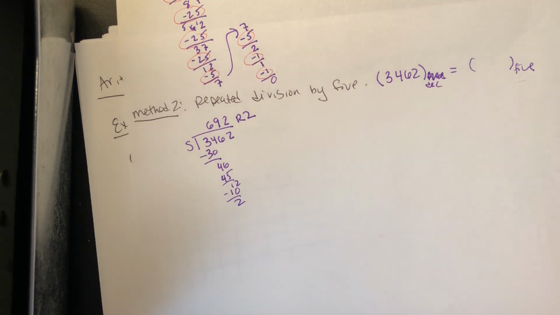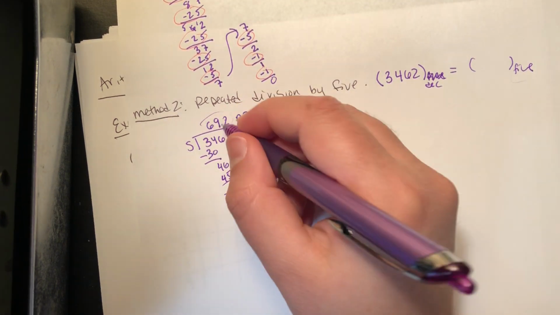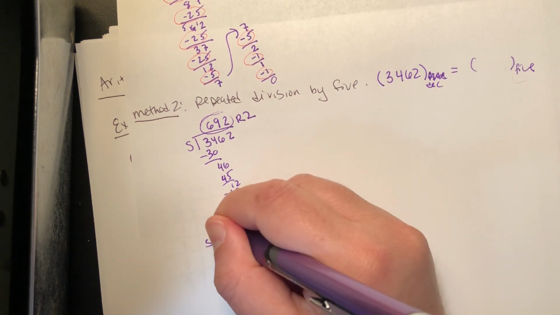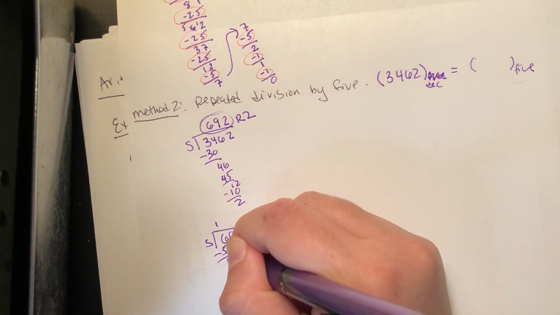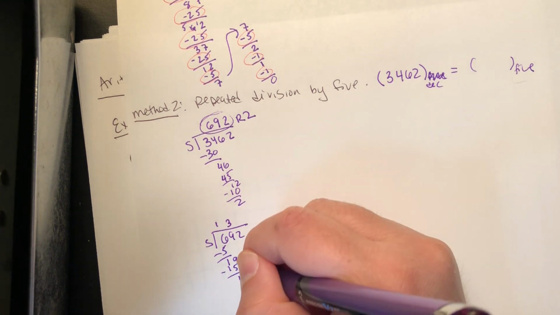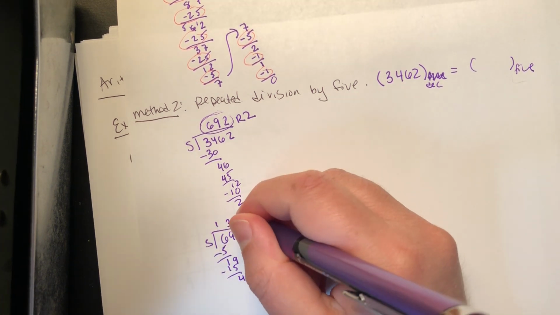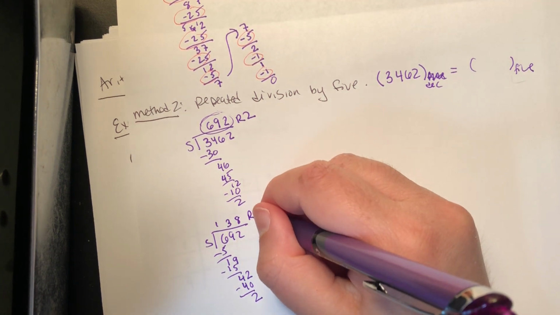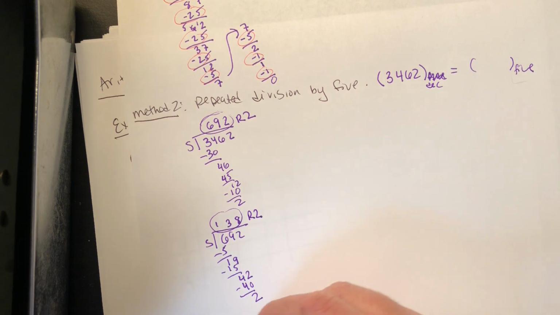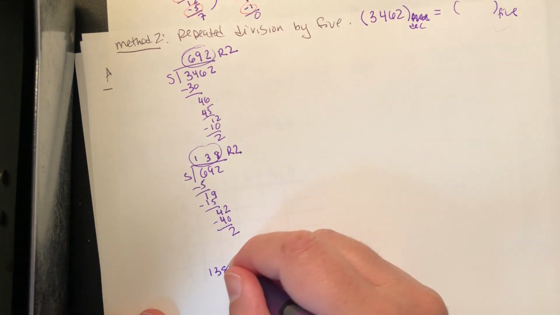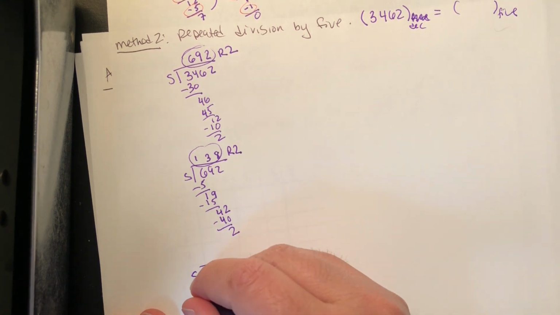Okay, now we'll do this again. We'll take our new number, 692, and divide it by 5. Bring down the 2, 8 times, and we get a remainder of 2. Now take our new number 138 and divide it by 5 again.